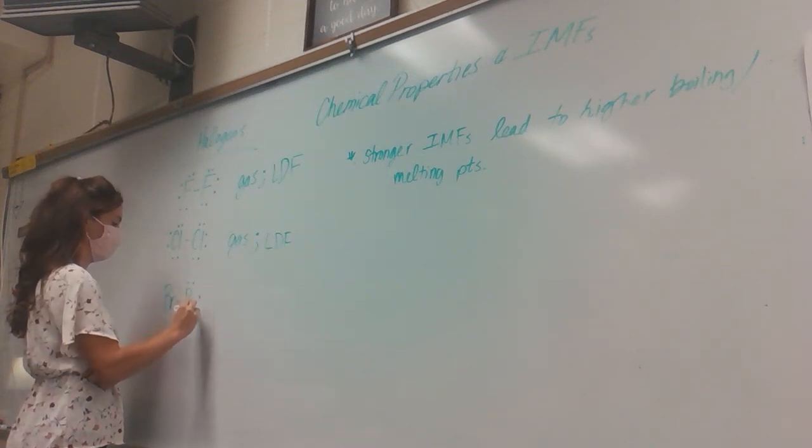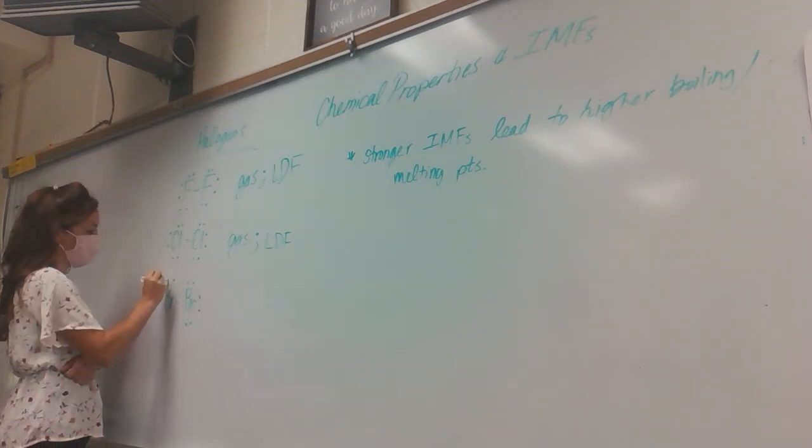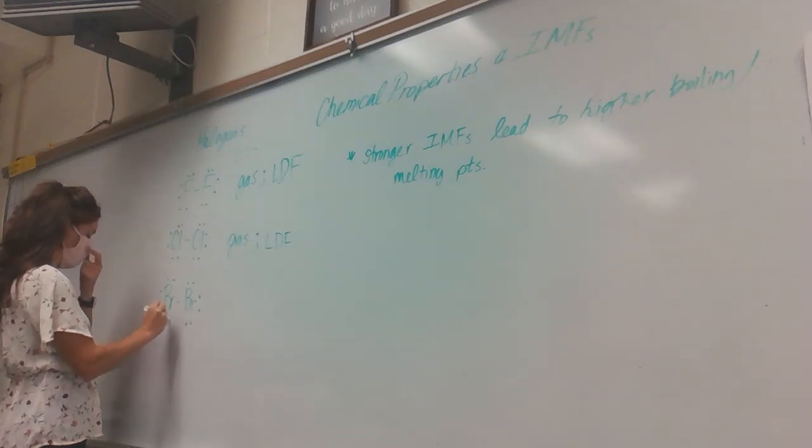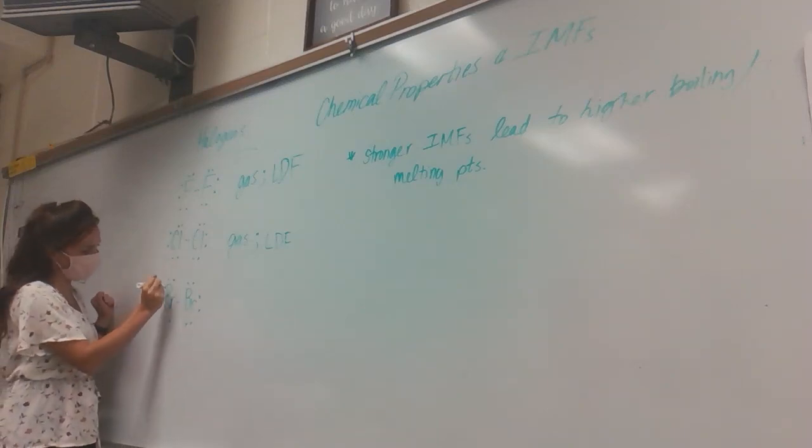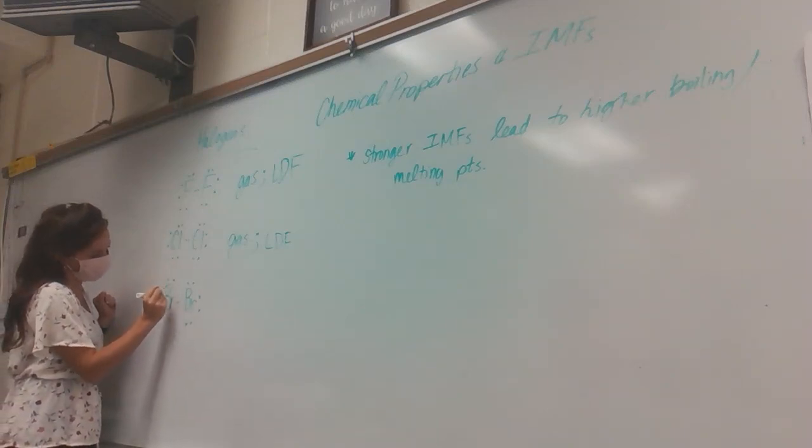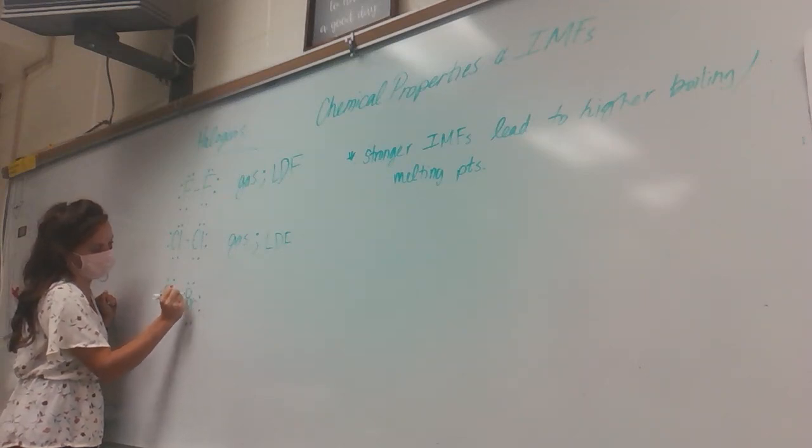The next one, bromine. 7 valence electrons, but 35 total. I've never seen bromine, so I don't know.